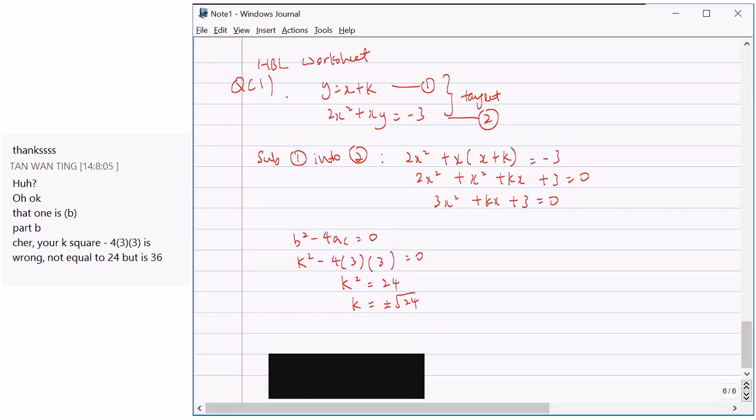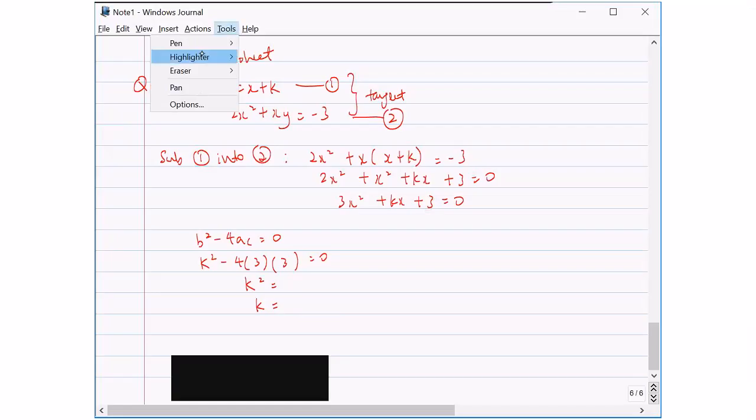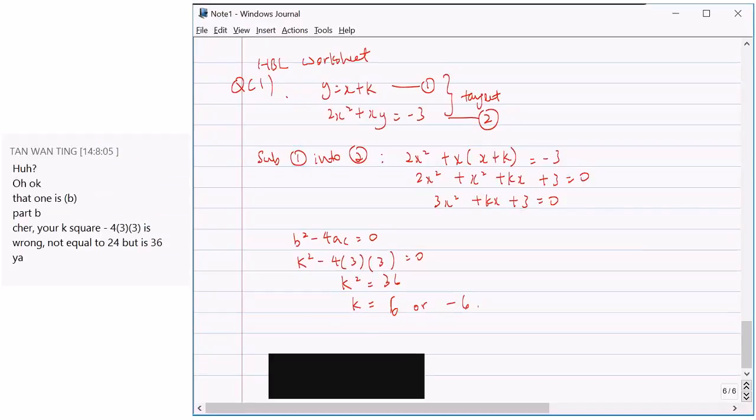Thank you so much. I know what you're talking about. Thanks, one thing. So k is 6 or negative 6, right? Thank you. Any more for the HBL worksheet? One thing, continue posting the answers.